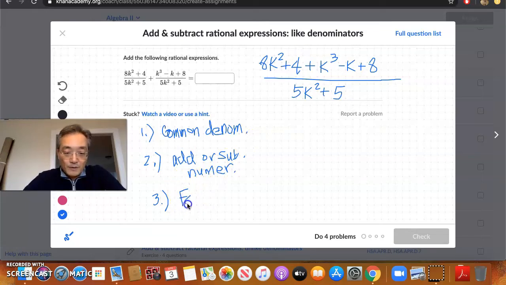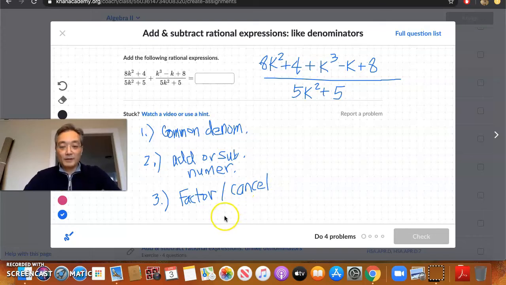Our final expression, if we can factor and cancel, this is the step to do it, and then finally to write our simplified form. So you're going to simplify. Okay, so basically these are the 4 steps that we're going to use when we're adding and subtracting rational expressions.